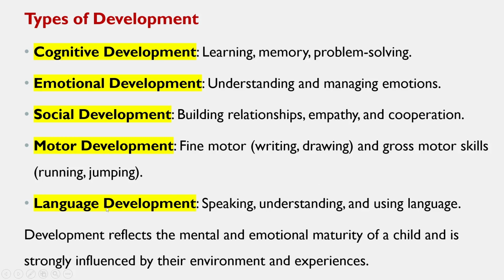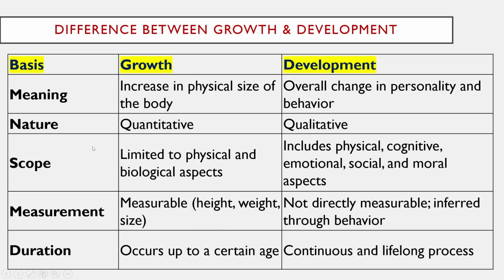Then language development, speaking, understanding and using language. So development reflects the mental as well as emotional maturity of a child and is strongly influenced by their environment and experiences.